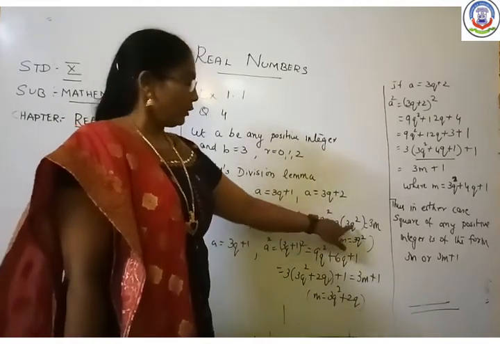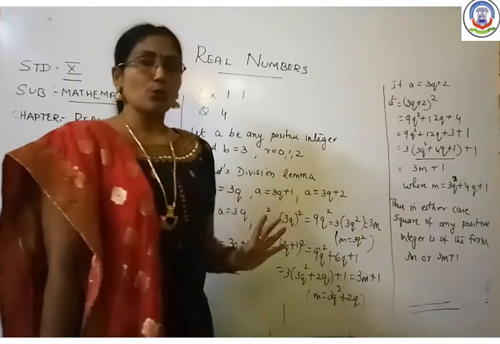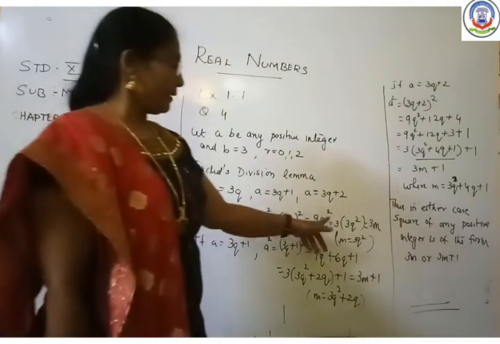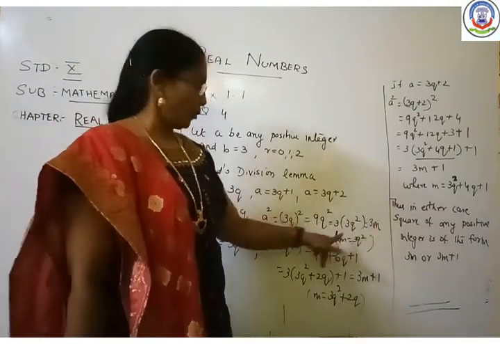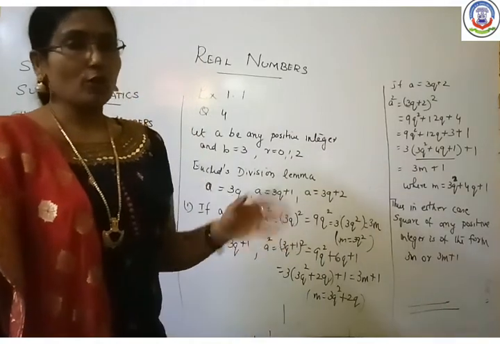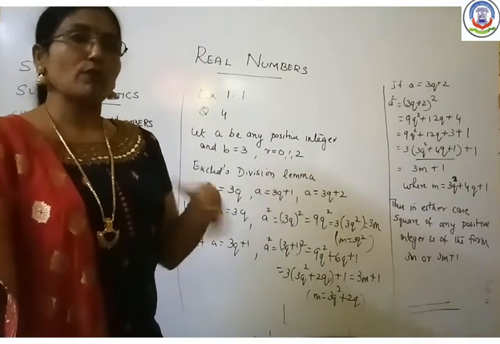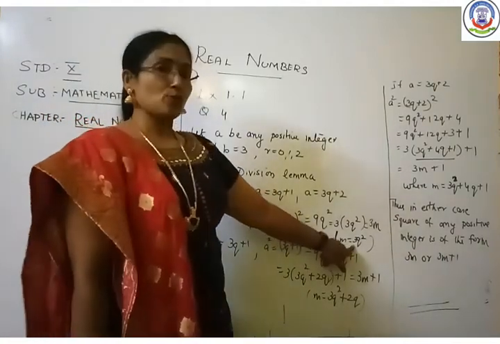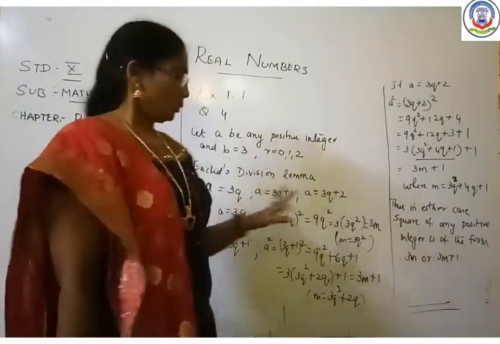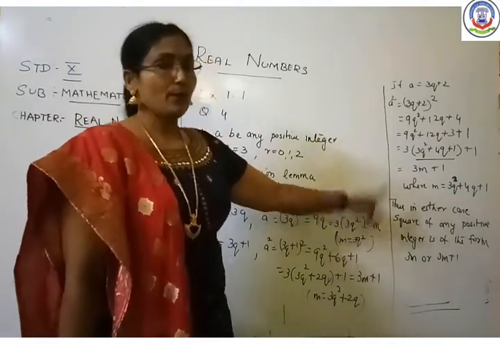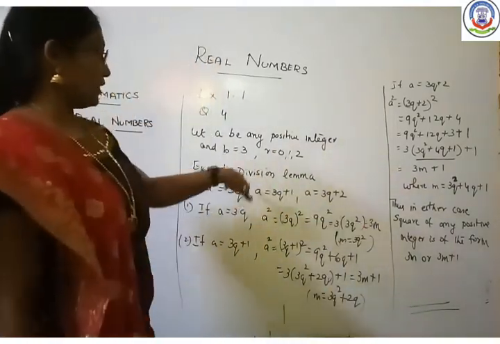Instead of this 3q square, you can put some other integer, that is m. So you will get that answer as 3 into m. What do you put for that? m is equal to 3q square, because 3q square is an integer, so its answer will also be another integer. Therefore we can resubstitute that 3q square as m. So in this case, you have got the answer as 3m. Clear for you?